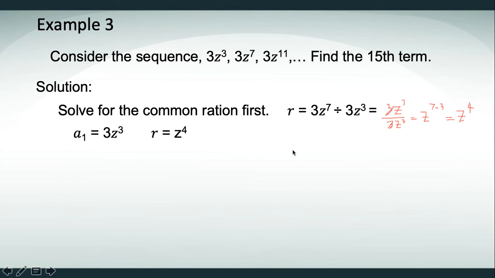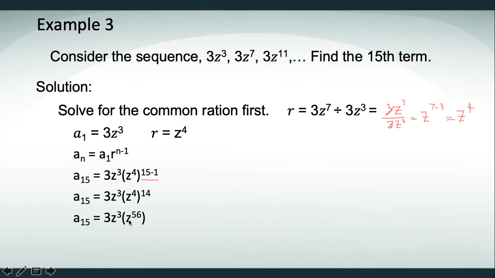So let's substitute these values to our formula. a sub n is a sub 15. a sub 1 is 3z to the power of 3. r is z to the power of 4, and n is 15. Now, let's start with the exponent, 15 minus 1. That will be 14. Then we raise z to the power of 4 to the power of 14.